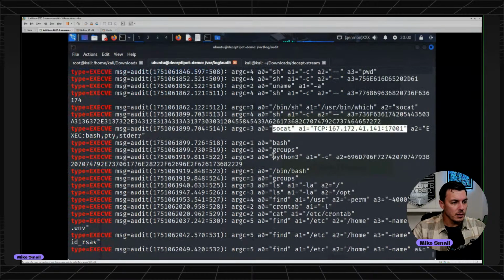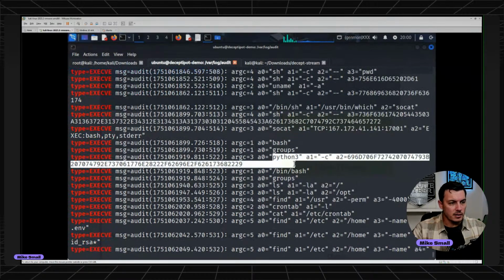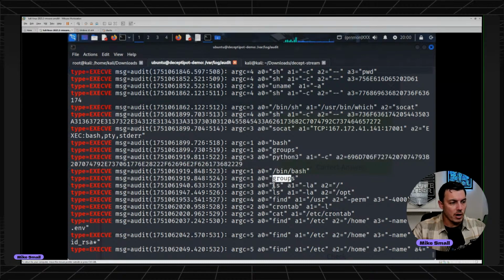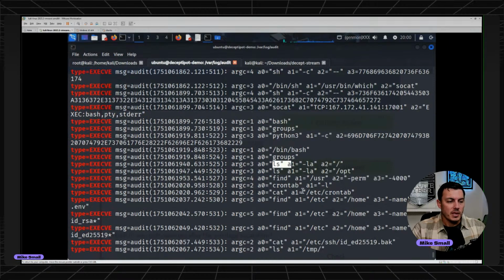We keep looking. I don't know what this is exactly. We see bash, we see groups. This is enumeration. So this is one of the things that you should be seeing yourself do as you learn more, is you look at these and figure out what are they doing? What is the attacker doing at this point, and how does it help them progress their attack? That's what you should be looking at.